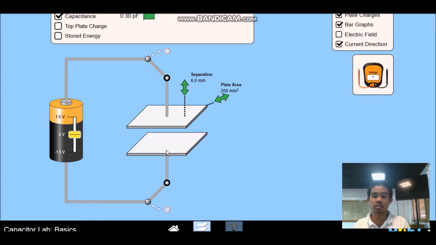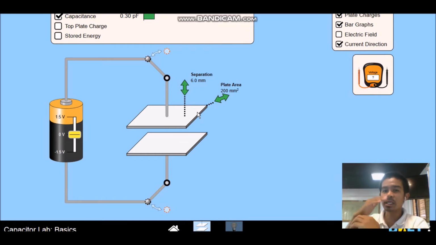Now, how to charge a material? Either you remove electrons from that material or you put electrons onto that material. How to remove electrons from the material? With a voltage source, we can move the electrons from one plate to another plate. If that material loses electrons, then more protons will be present on that plate, so that plate is positively charged.